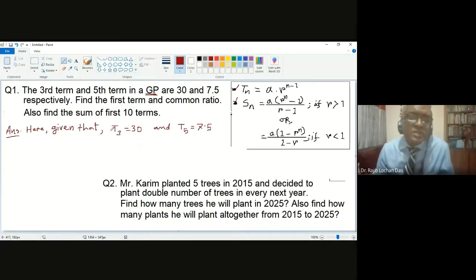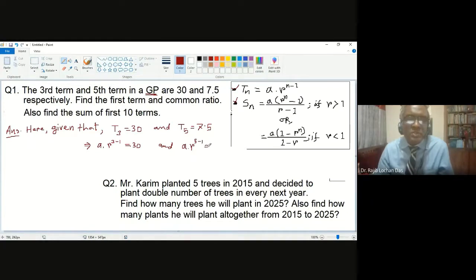So what is T3? According to the formula, it will be A into R to the power 3 minus 1. That is actually T3. So this is 30. And for this also the same formula, A into R to the power 5 minus 1.